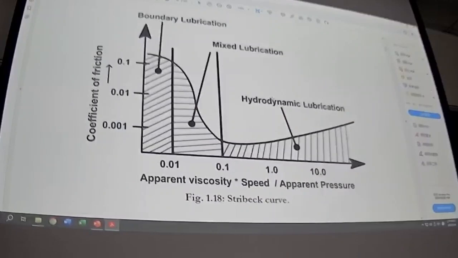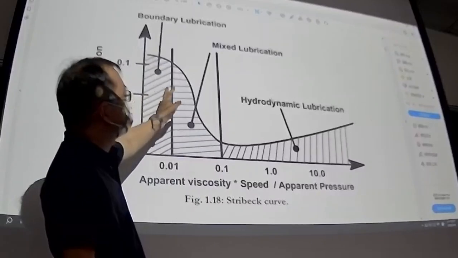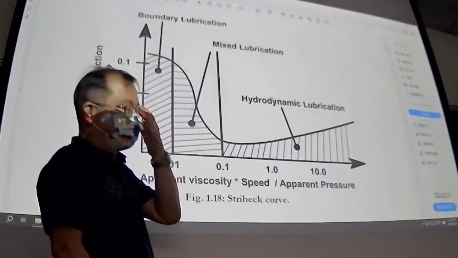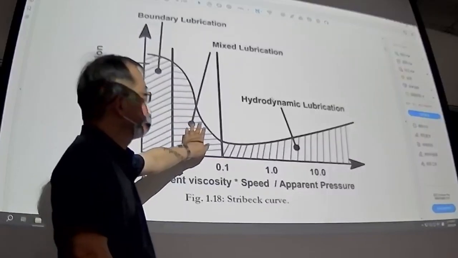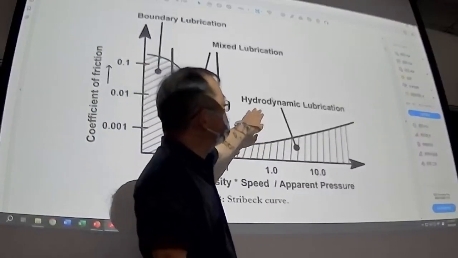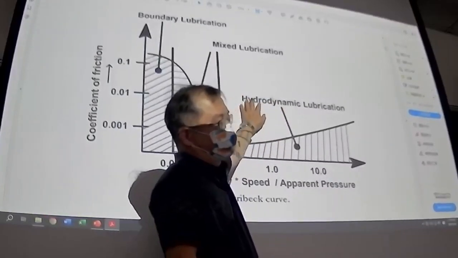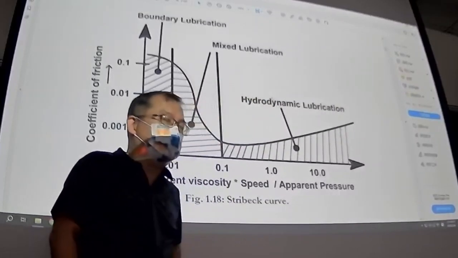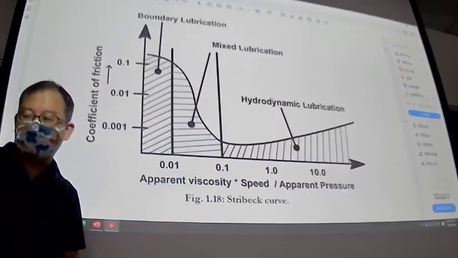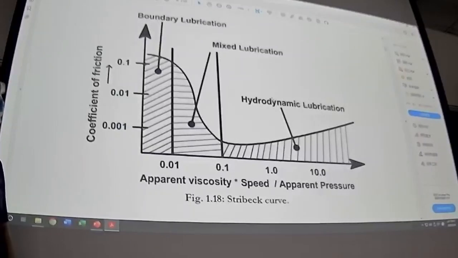So most of the textbooks classify lubrication into three different regimes: boundary lubrication, mixed lubrication, and hydrodynamic. Although some of the names will be different, because we have so many materials in contact. By doing experiments with different materials, you get different results.